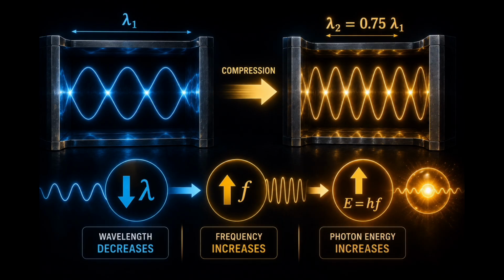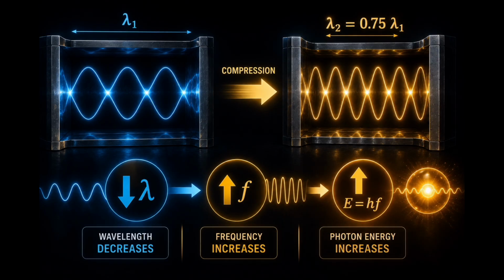Since speed of light is constant, frequency is inversely proportional to wavelength. So when the wavelength becomes 75% of its original value, the frequency becomes 33.3% higher than the original value. That is, the frequency increases.